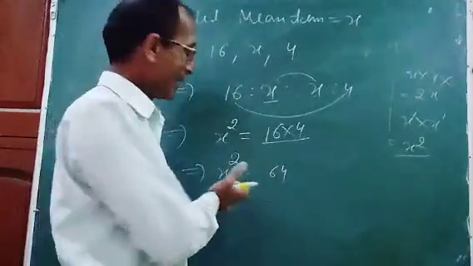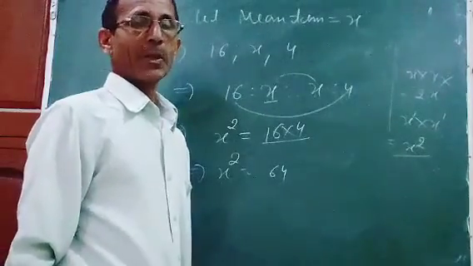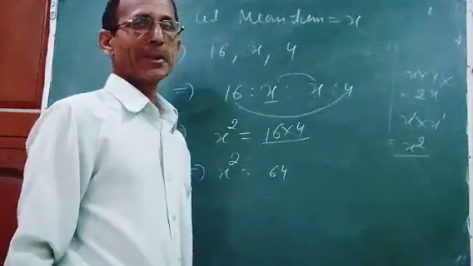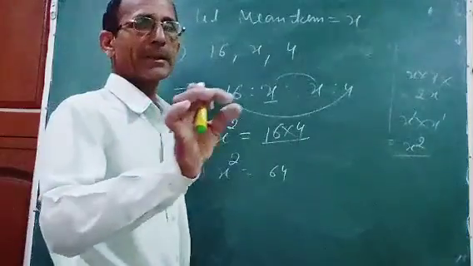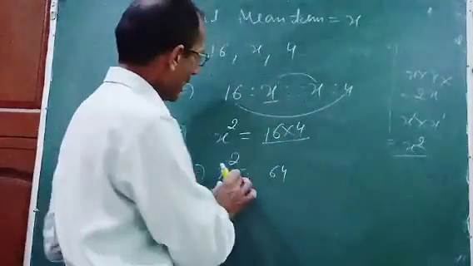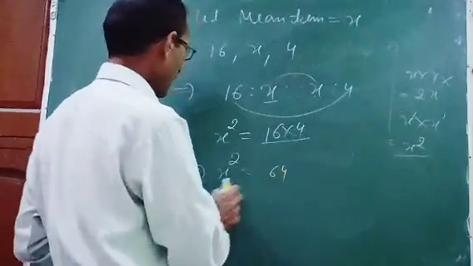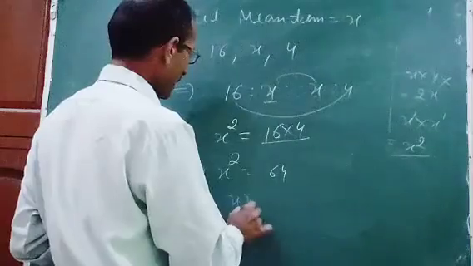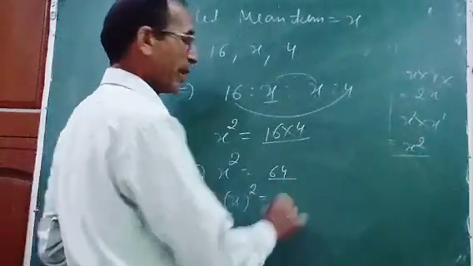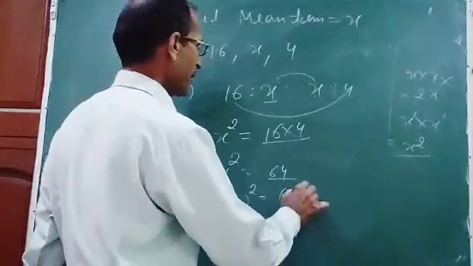If one side is a square and the other side is without a square, what do we have to do? First make them the same. Here it is a square, so try to make the other side in the form of a square. So x square, and 64 is the square of 8, so write 8 square here.